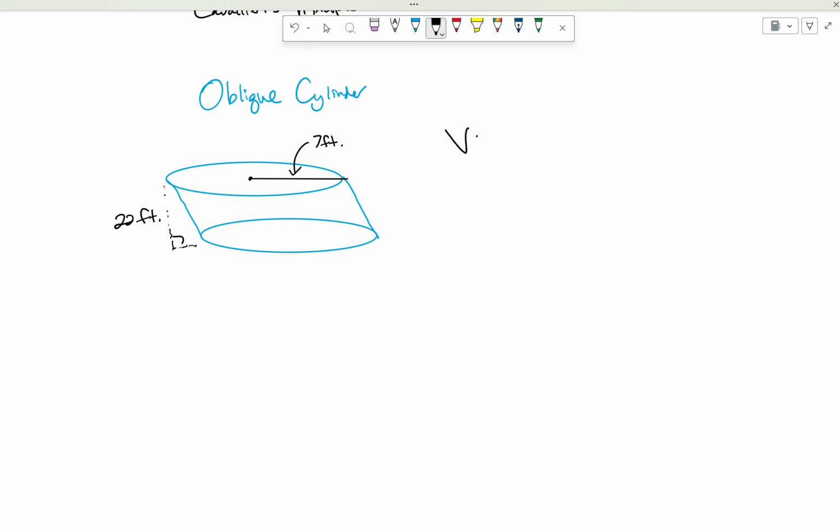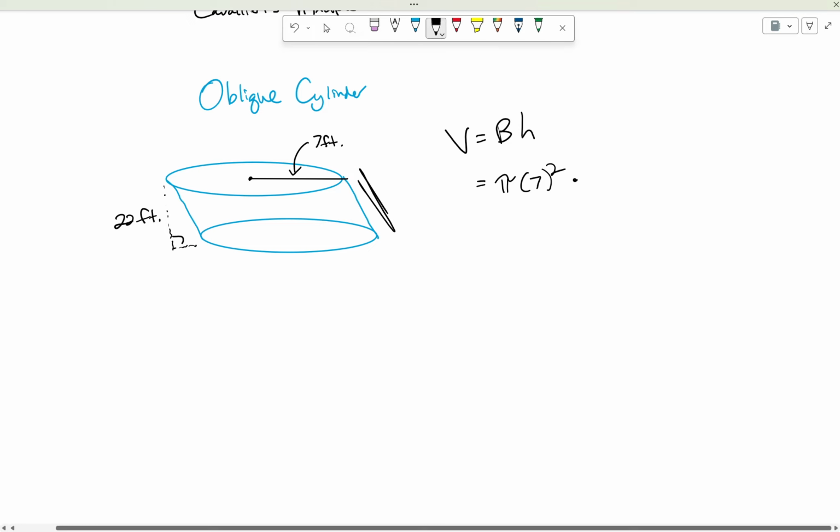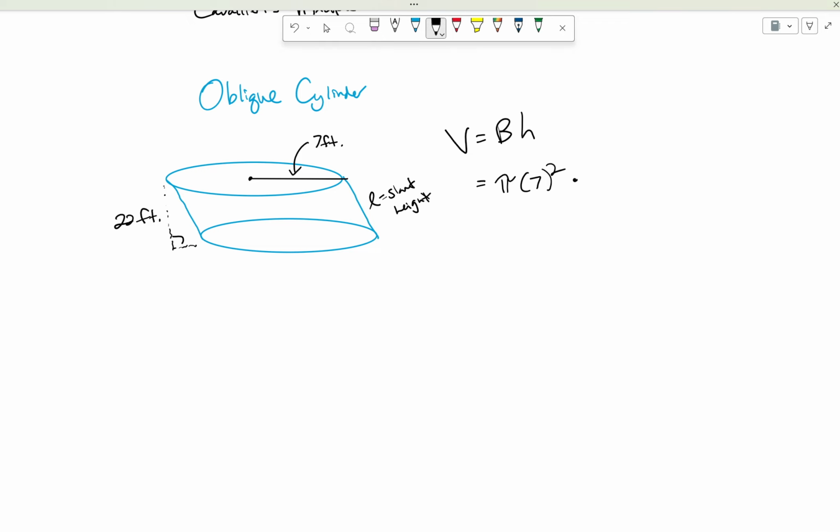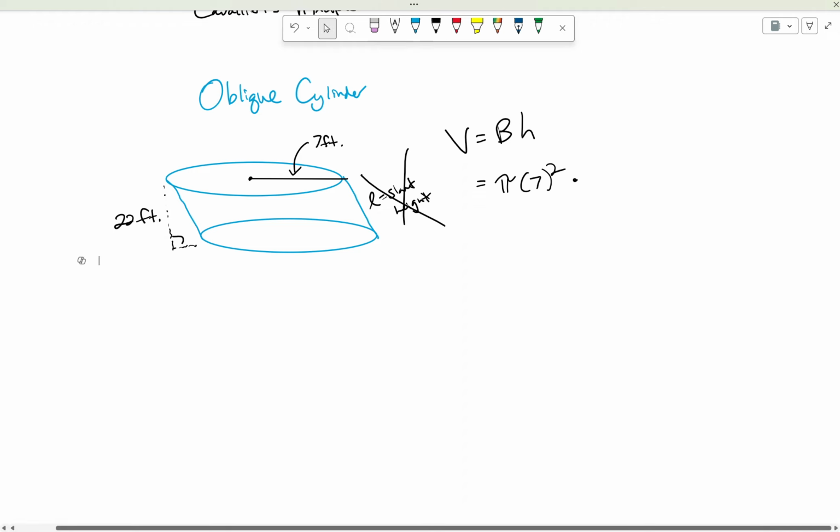So the volume is equal to capital B times H. Again, it's pi r squared, pi because it's a cylinder. So pi times 7 squared, and then times the height, which is not this length. That's the slant height. This one right here is called L, the slant height. We actually don't want that. We want to use this altitude height, which is 22.